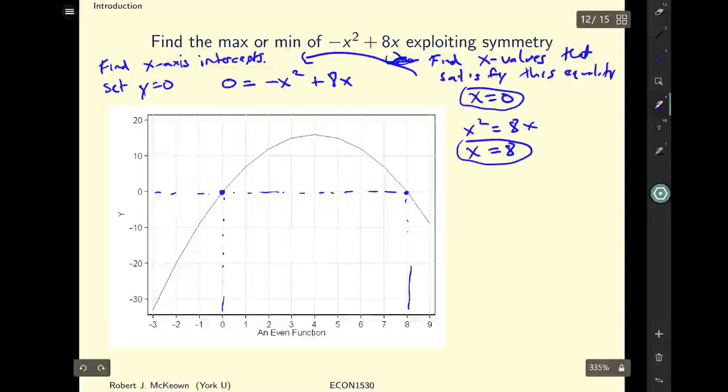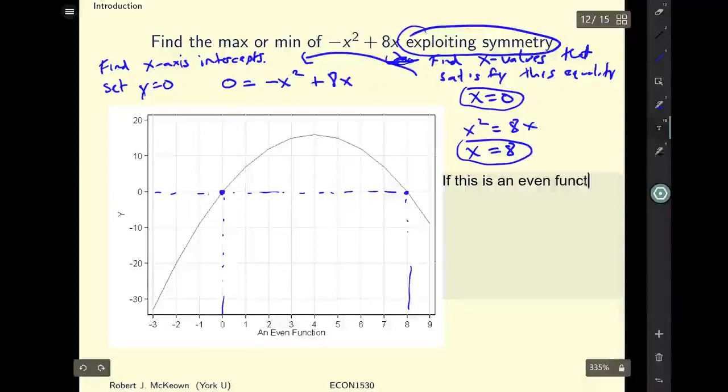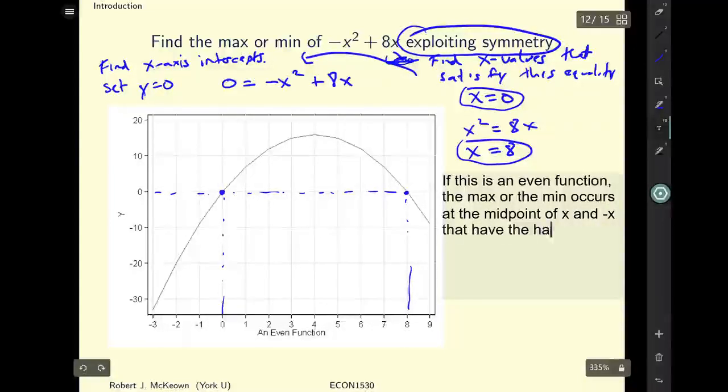And it's very nice. One way I could exploit symmetry is I know that if this is an even function, the max or the min occurs at the midpoint of x and negative x that have the same y value.